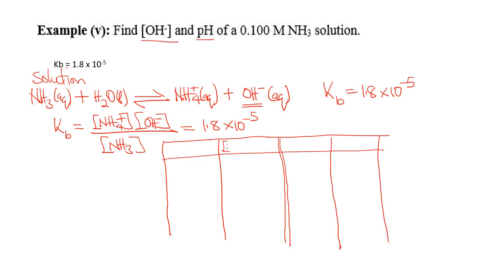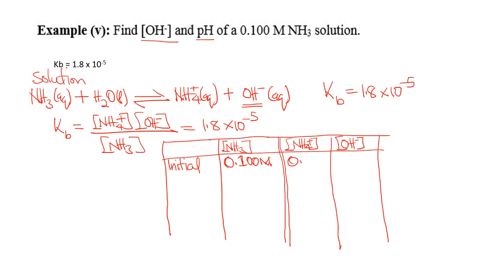So my reactant is NH3. These are molar concentrations. And then I have NH4 plus as my product 1, and then OH minus as my second product. So initial concentration, here we are given 0.100 molar of NH3.